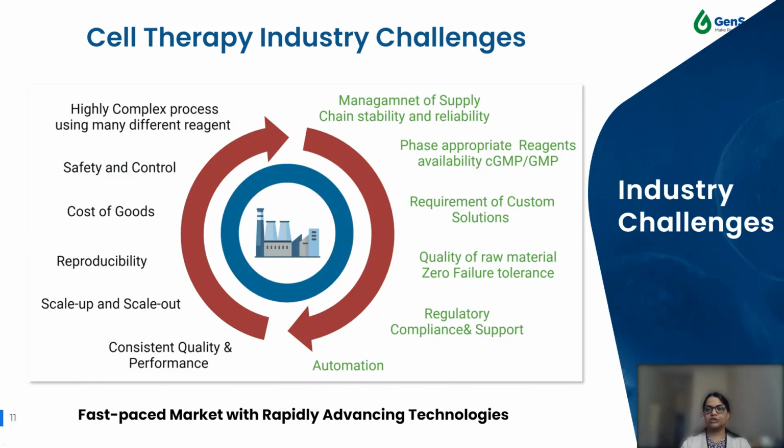To address this challenge, GenScript provides top quality RUO and GMP grade reagents and services with supply chain guarantee. We offer phase-appropriate reagents, customizable solutions, regulatory compliance support, and robust automation capability to advance your therapeutic development.